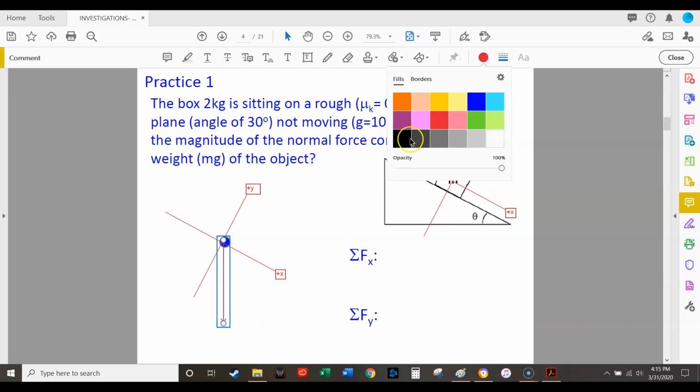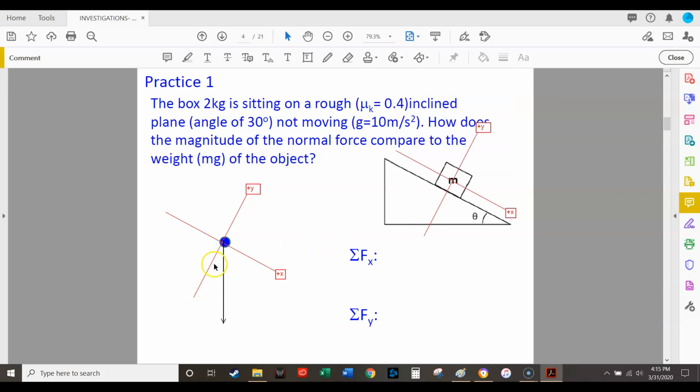I want to make sure that that is black and that border is black. And notice I drew that arrow really long. It's going to be easier if you make the weight vector really long. I'm going to label that mg. I'm not going to give it a sign yet because mg is going to end up being broken up into cosines and sines.